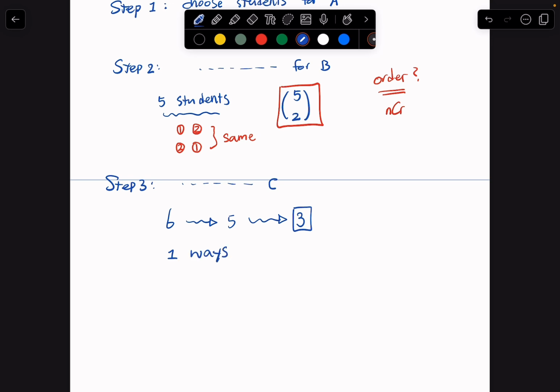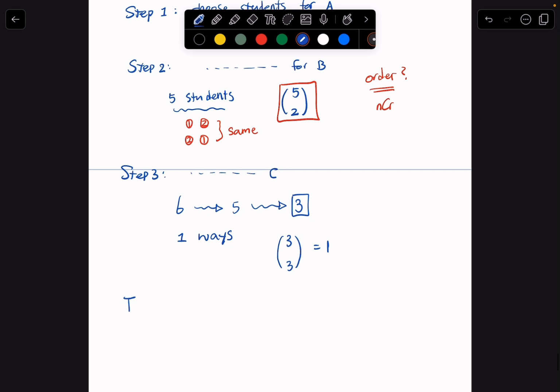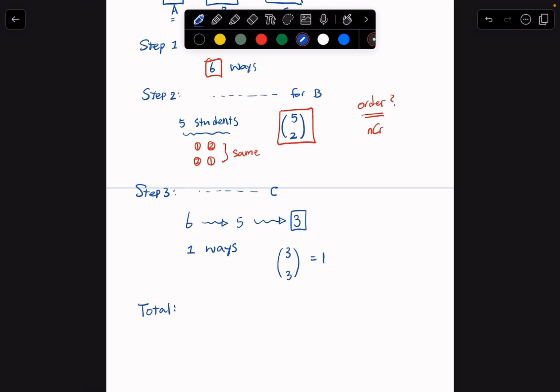Of course, the choose function nCr we just learned also works here. I have 3 people, and I need to choose 3 people, so that's just 3C3, right? And if you calculate that, hopefully you still get 1. Okay, and we have our terminal step. To finish up this question, we just need to multiply every step together.